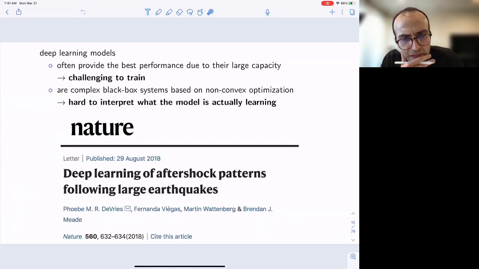So here's an interesting recent result from the deep learning literature. This paper was published in the journal Nature. It's about predicting aftershock patterns after big earthquakes. The authors in 2018 proposed a deep learning method that does much better than state-of-the-art for predicting aftershock patterns.